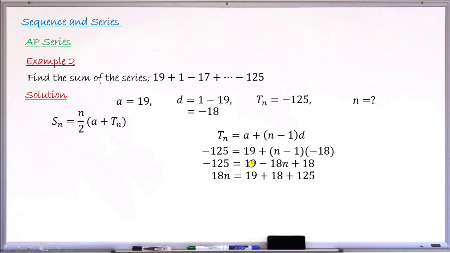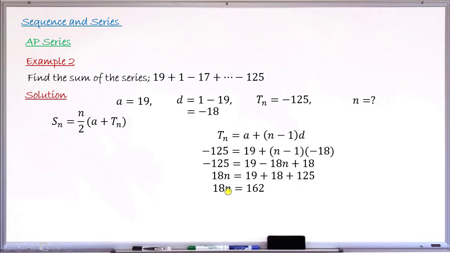So that gives me 19, which I copied, 18 also, which I copied, but minus 125 shifted to the right gives positive 125. And I now shifted minus 18n to the left. That gives me positive 18n. So I continue. Collecting these numbers correctly gives answer 162. That is 19 plus 18 plus 125.